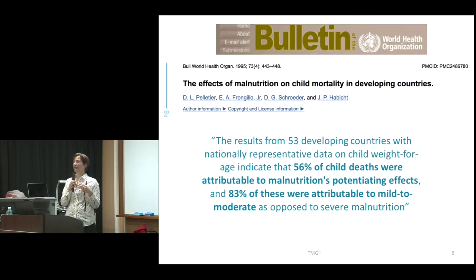So it's not saying that they died of malnutrition, but that malnutrition contributes to the increased risk and severity of infections, and that risk of continued infection.